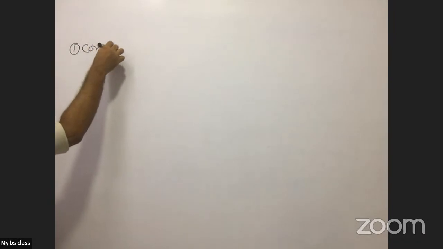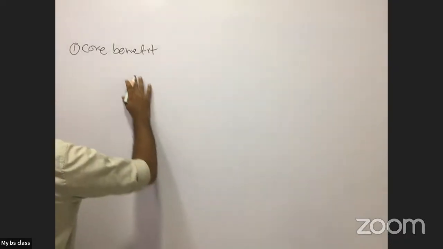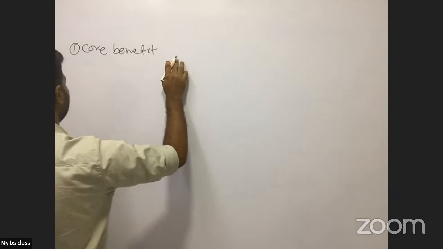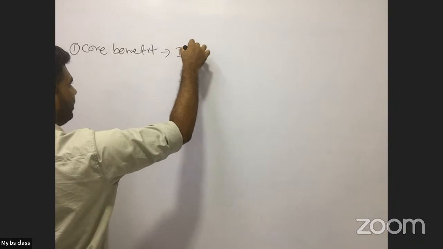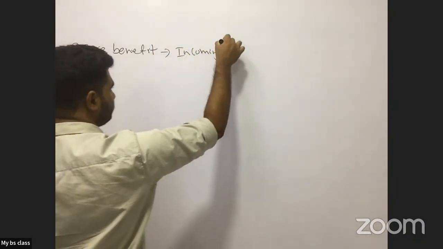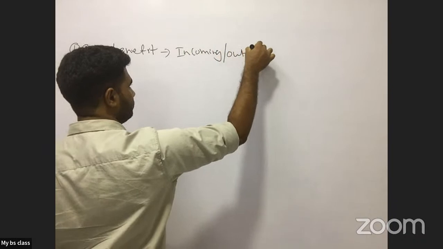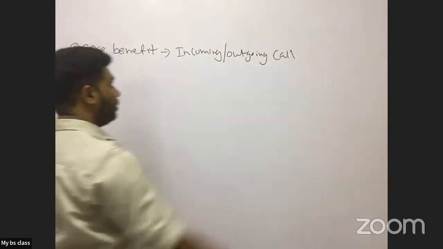Right? Core benefit. The core benefit of the product, you can write, is receiving and making calls, incoming and outgoing calls. That is the basic thing expected from a mobile phone.